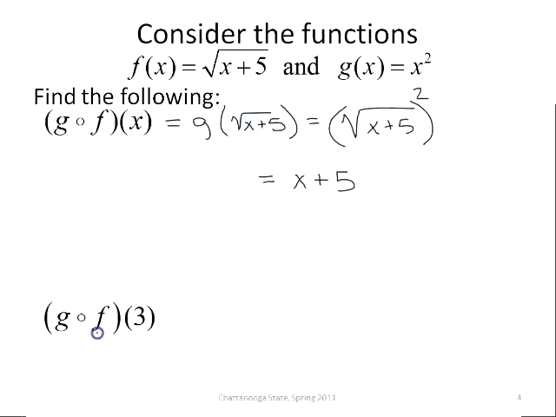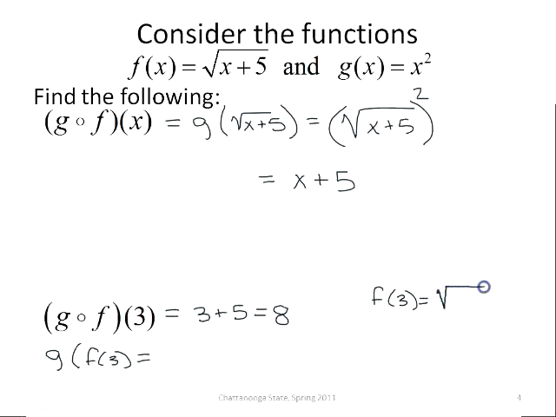Okay, now g composed with f of 3 means that I'm going to take a 3 and put it into my g composed with f function. So that would be 3 plus 5, which would be 8. Now, let's take a look at this. If this means g of f of 3, I can also do this with my function separately. F of 3 would be the square root of 3 plus 5, which would be the square root of 8.